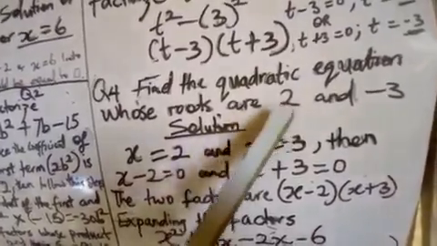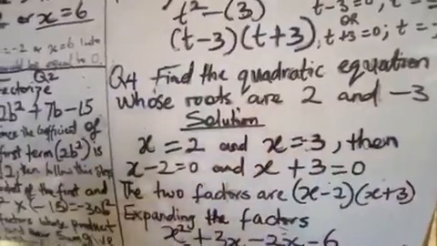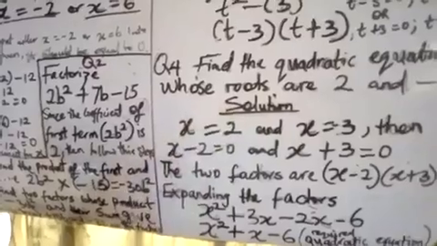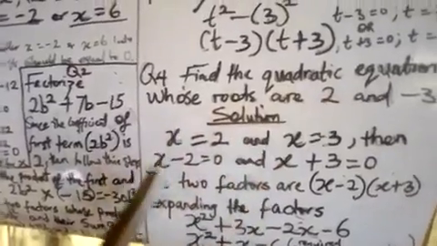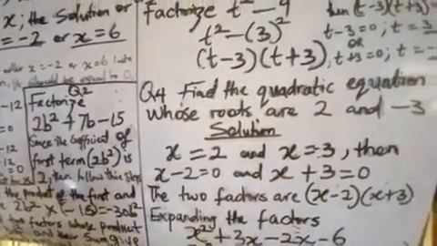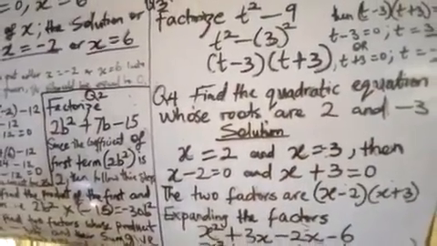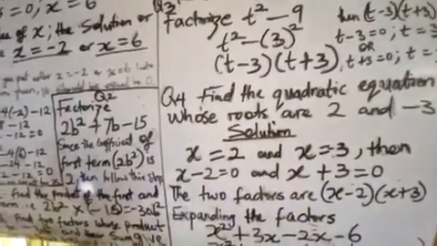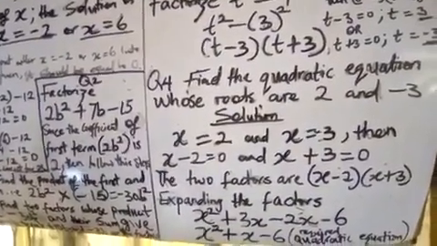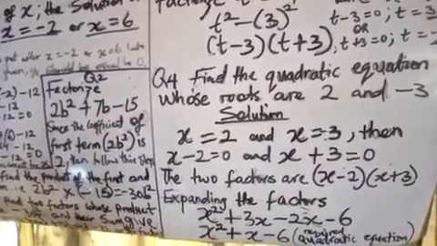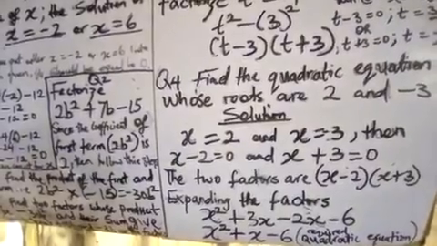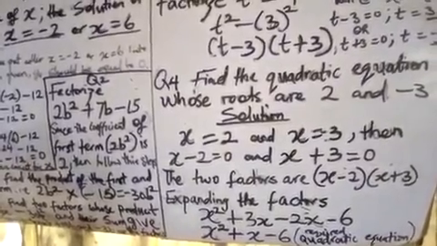The first root is 2 and the second is minus 3. That means x is equal to 2, or x is equal to minus 3. Now bringing it back is just like moving backward from where you started. Before, you were moving forward to get the roots of the quadratic equation.